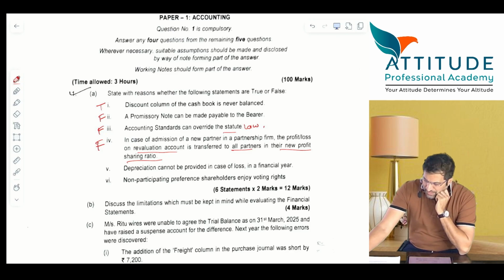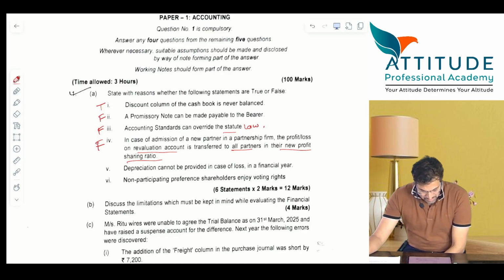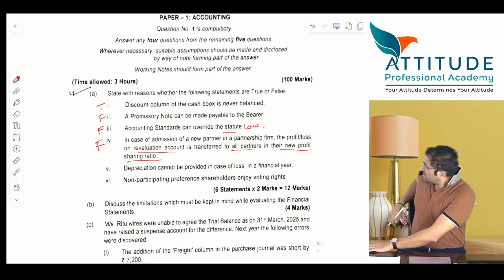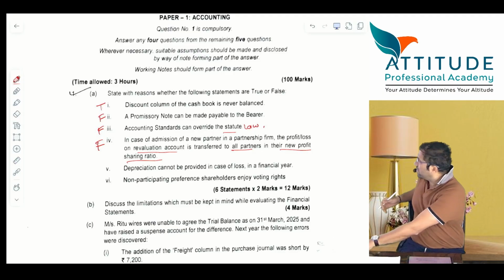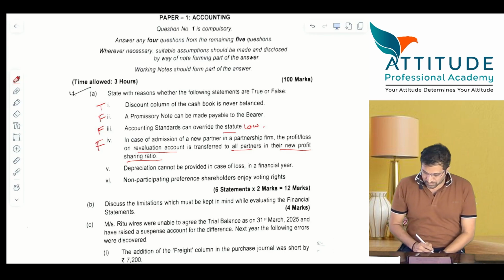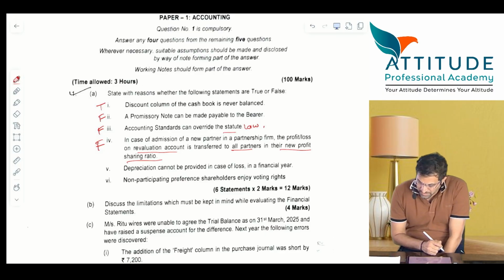In case of admission of a new partner, the profit or loss on revaluation account is transferred to old partners, not all partners, old partners in their old profit sharing ratio. Old partners in their old profit sharing ratio. Very good. Decent. Next.